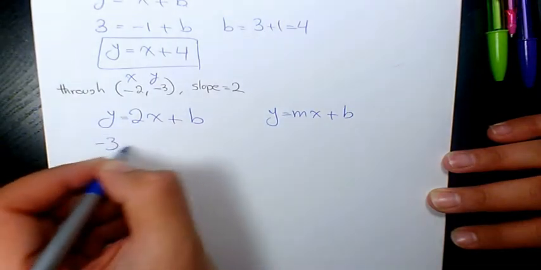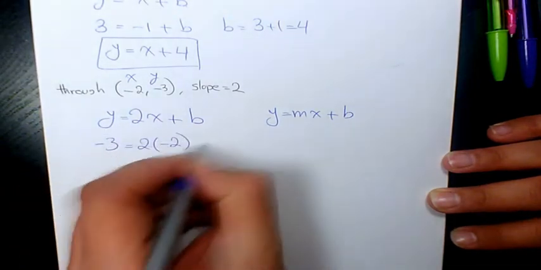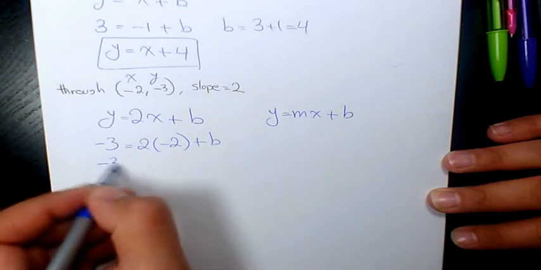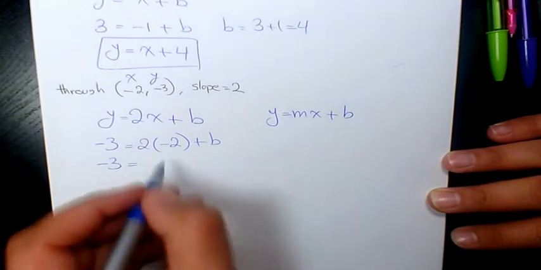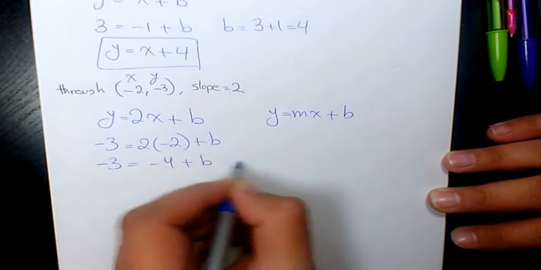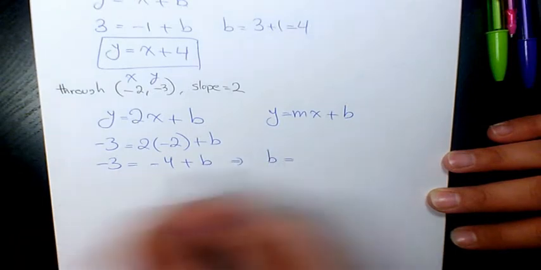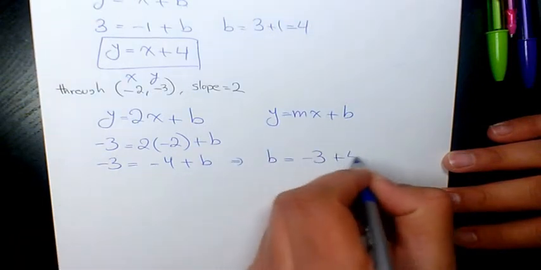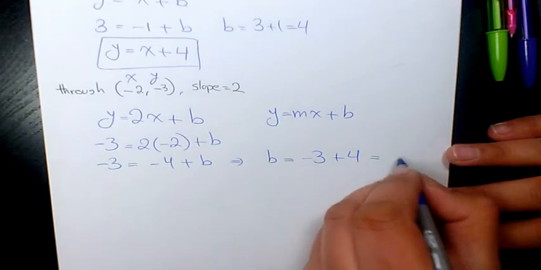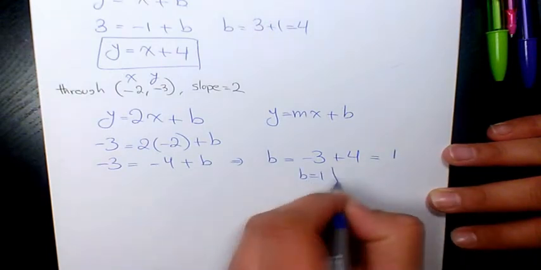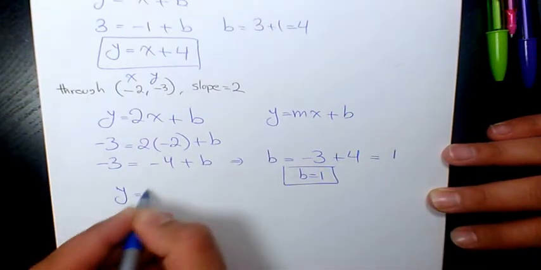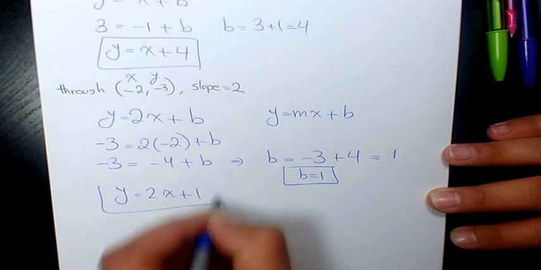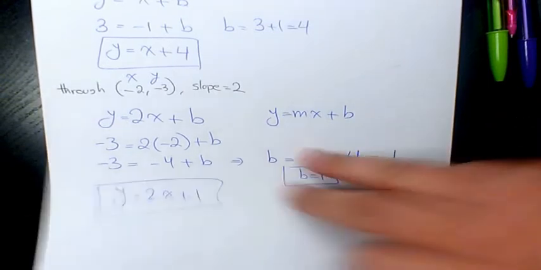So negative 3 equals 2 times negative 2 plus b. So 2 times negative 2 is negative 4 plus b. So it means that b will be equal to negative 3 plus 4. 4 minus 3 is 1, so b is 1. So we have y equals 2x plus 1. That's the equation of the line.